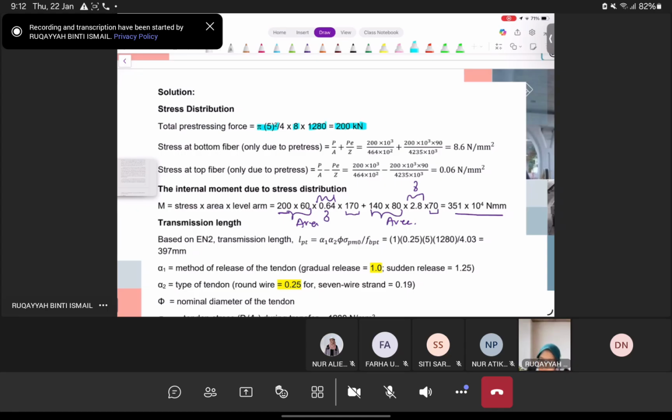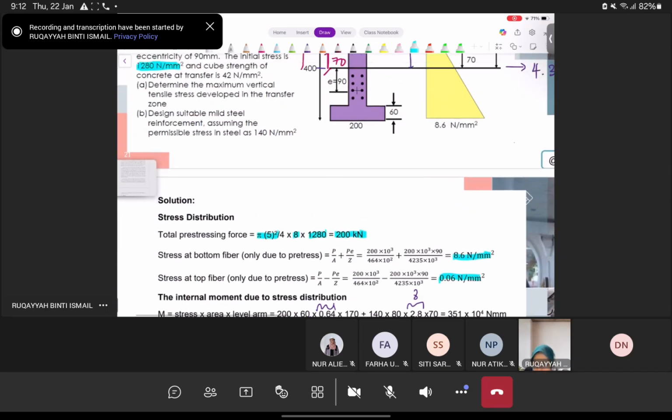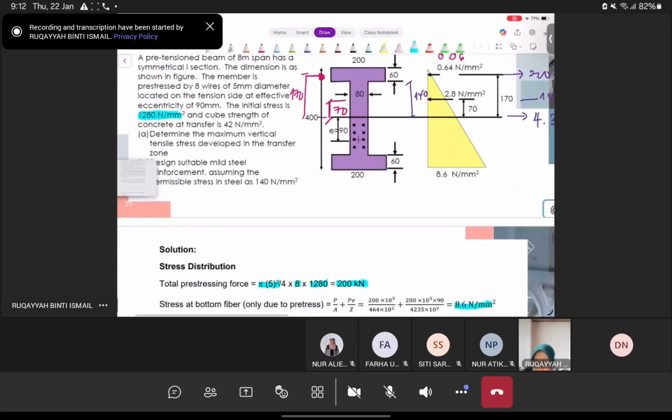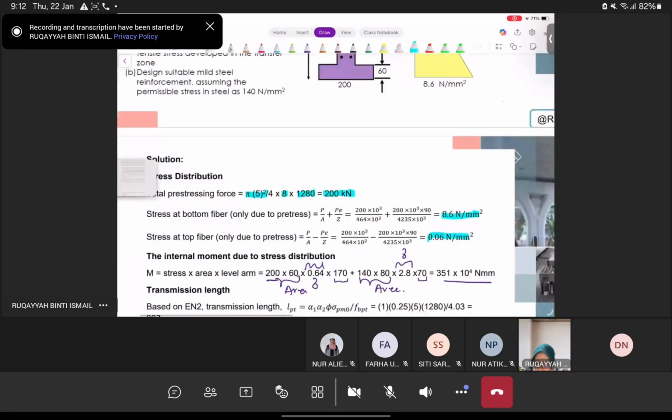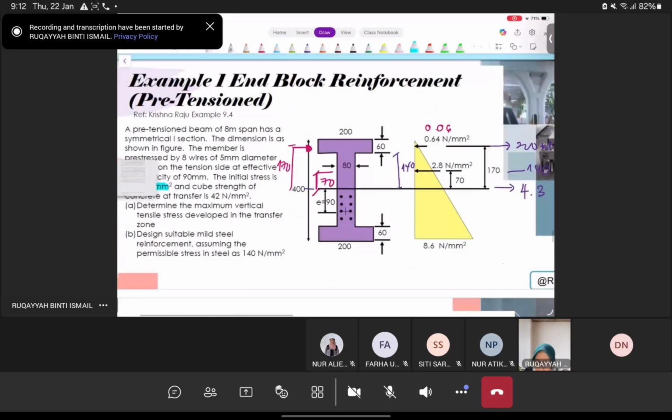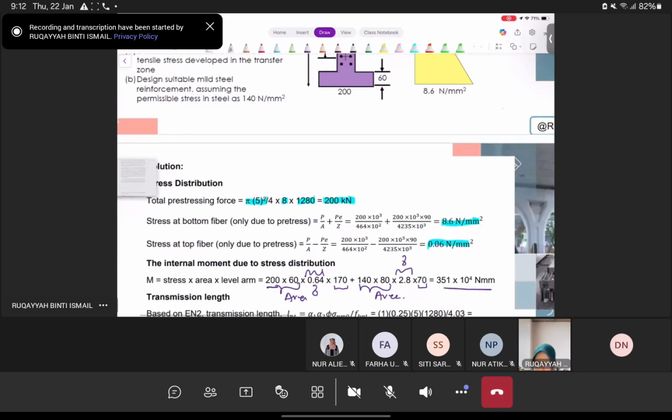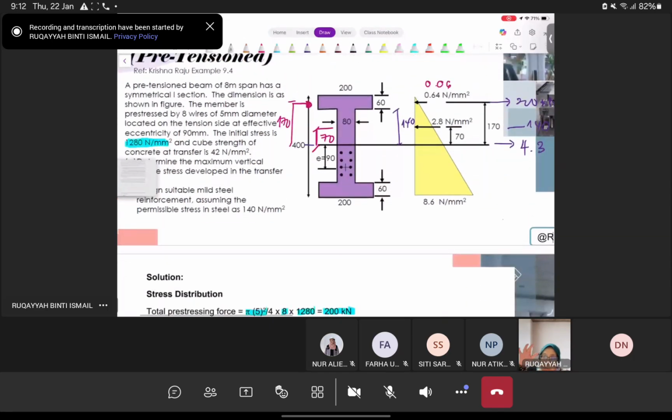When you put all the parameters inside the equation, you can calculate the top stresses and also the bottom stresses. So technically, if you transfer it to the diagram, you will get 8.6 and 0.06. So 0.06 will be almost equal to 0, right? And you have 8.6 because you have the top fiber and also the bottom fiber of your stresses.